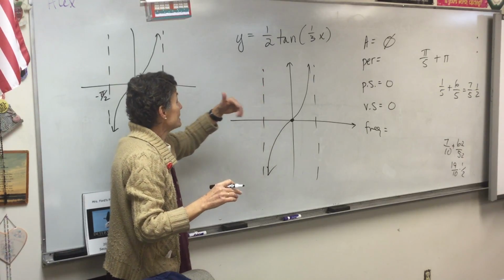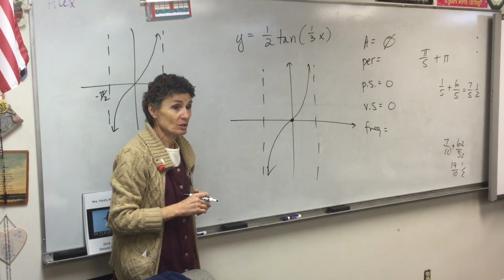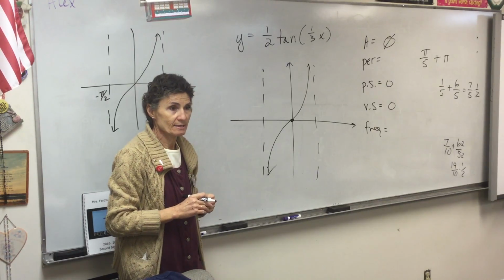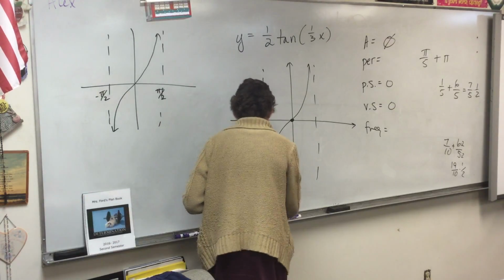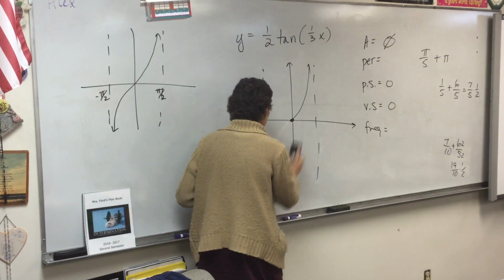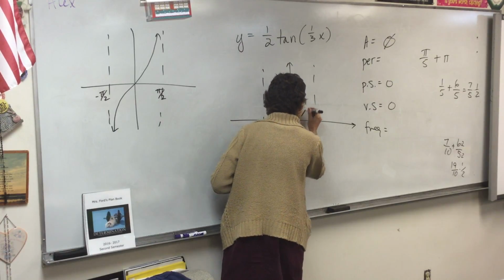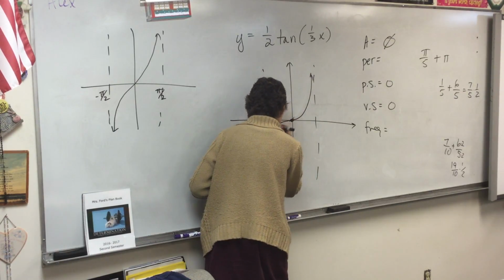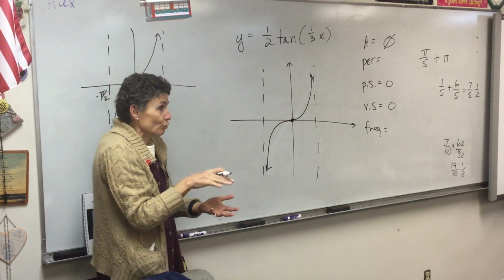No amplitude. Now, does that 1/2 have impact on the picture? It absolutely does. It compresses it. So in reality, and I am not worried about this when you do your sketches, this thing is flatter than a regular tangent. See how it's smashed down a little bit? It's a little curvier.